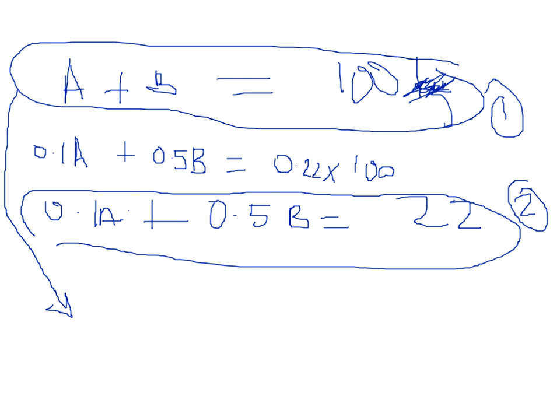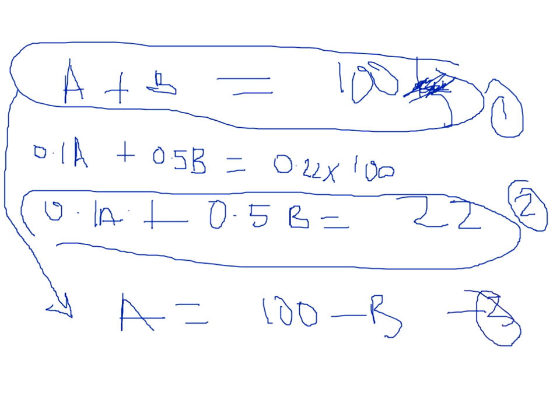From equation 1 I can say that my A equals 100 minus B. From 1, I can say this. So I will now call this equation 3. Now the method I'm using here is called the substitution method.